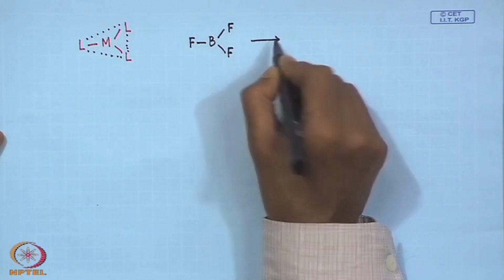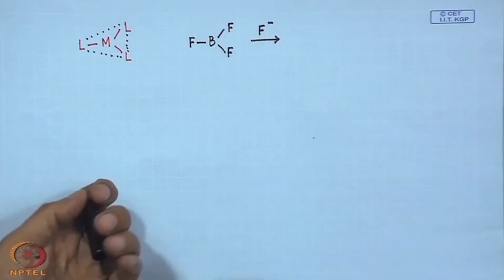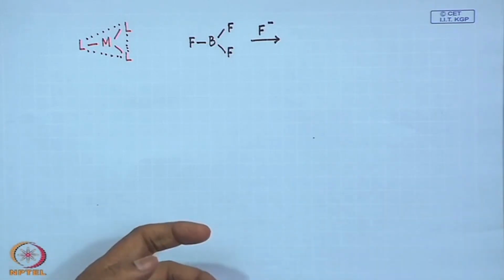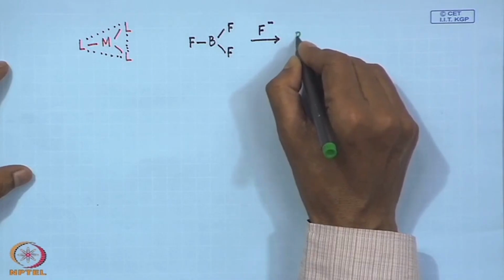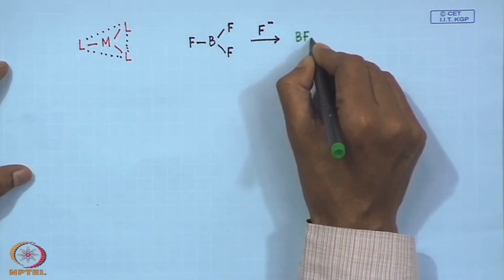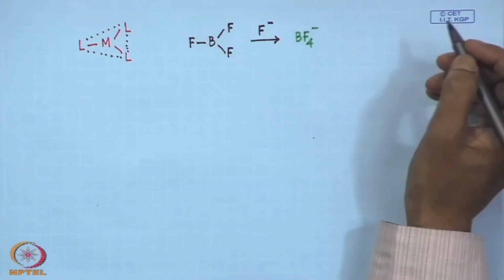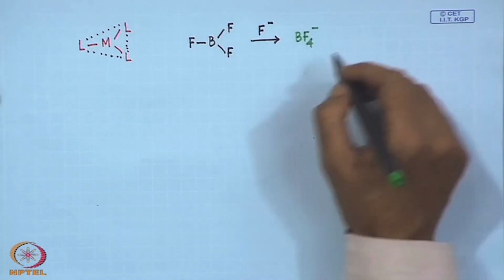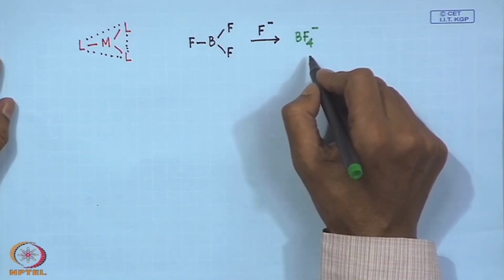because this particular can react with another fluoride anion giving rise to a different species, which is a well known anionic species, which is present with so many metal complexes as tetrafluoroborate anion.